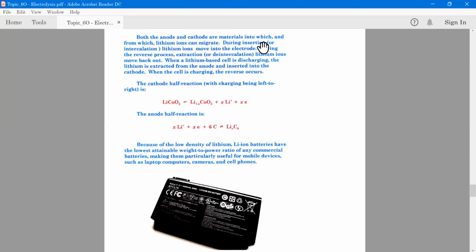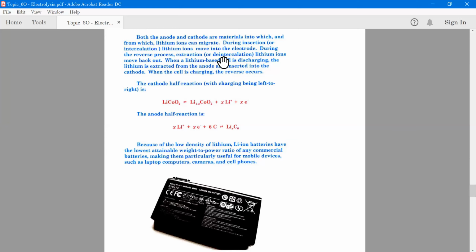Now, during insertion, as it's called, or intercalation, lithium ions move into the electrode. And during the reverse process, which is the extraction or deintercalation, lithium ions move back out. And so the ease with which they can do that is what makes this type of battery very, very useful.